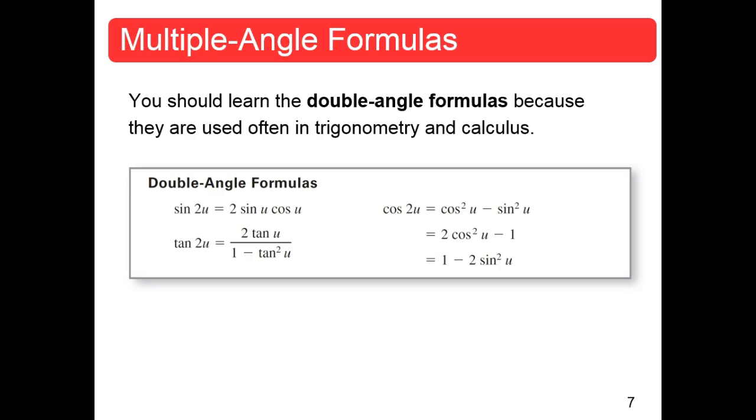All 3 representations: 1 with 2 functions, 2 with 1 function each. And then tangent of 2u is 2 tangent u over 1 minus tangent squared u. Pretty straightforward and easy to get. Even if you don't want to memorize them, they're easy to get if you know your others. Big if, okay? Or write them down or look them up. That works too.